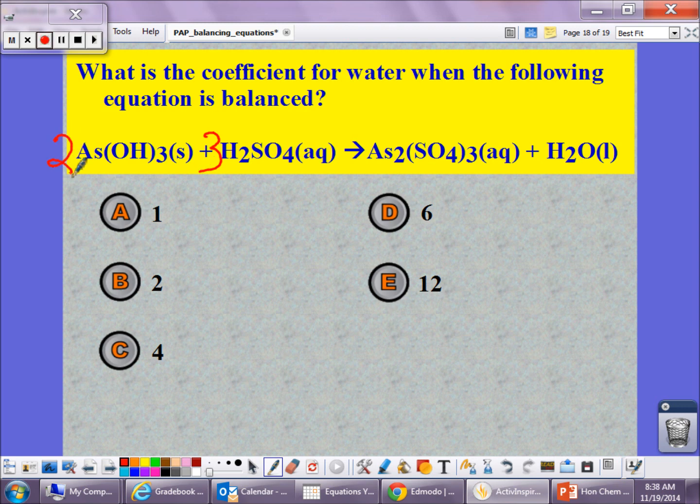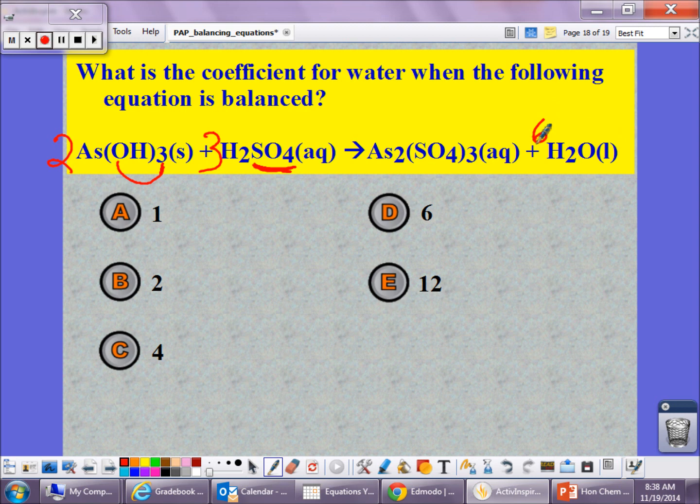What other element do I have only once? Now I have 3 oxygen here. I already took care of those oxygen in sulfate, so I'm not touching them. 3 oxygen times 2 gives me 6. I only have 1 oxygen here, so I have to put a 6 right here.